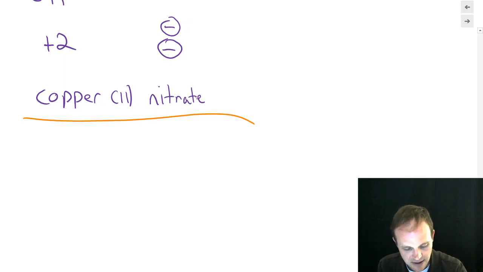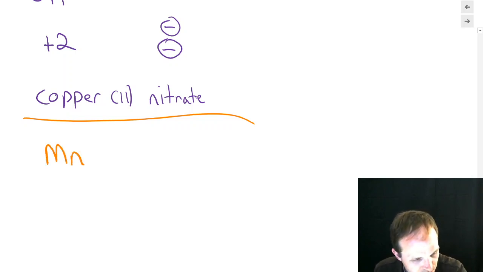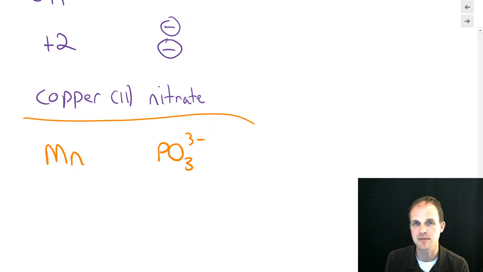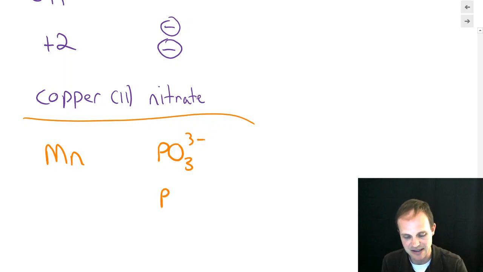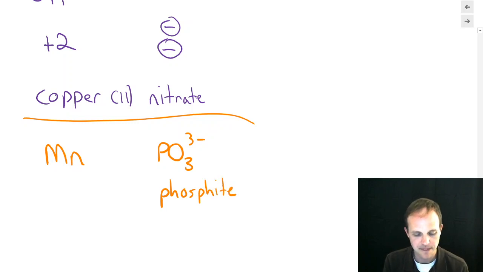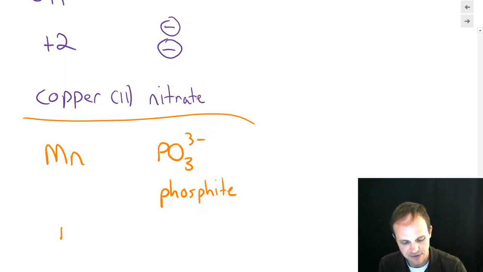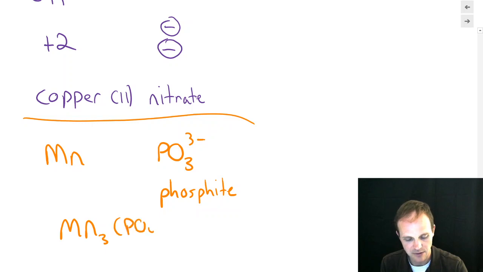Let's take something like manganese, and we're going to combine it with PO3 3-. If you look at PO3 3- on that table, it's called phosphite. Now manganese, what I'm going to do is I'm going to tell you that my formula is Mn3(PO3)2.